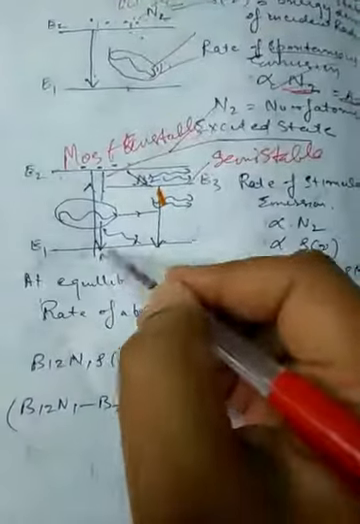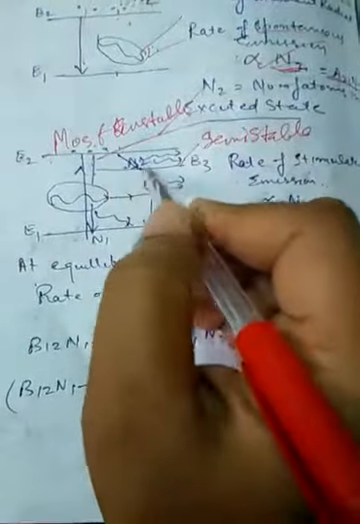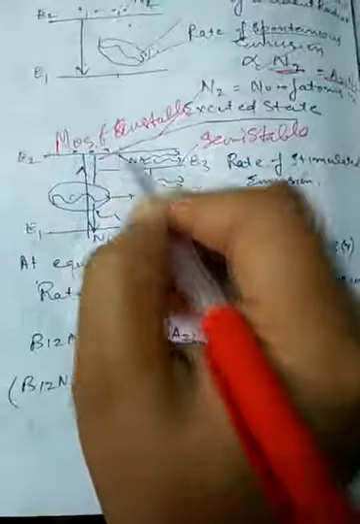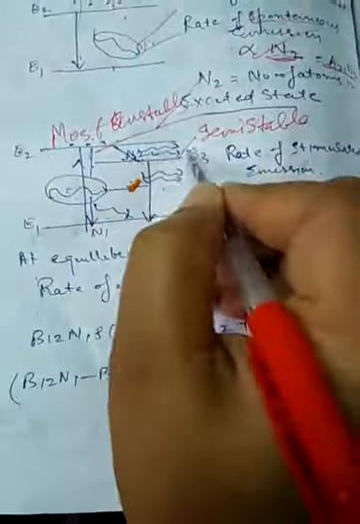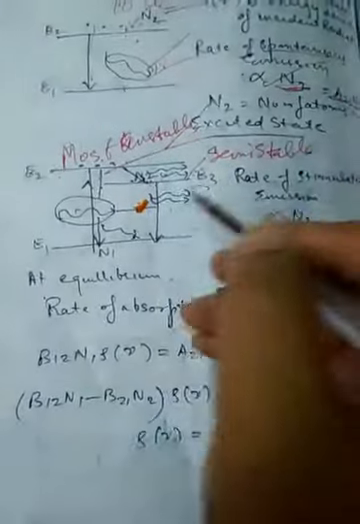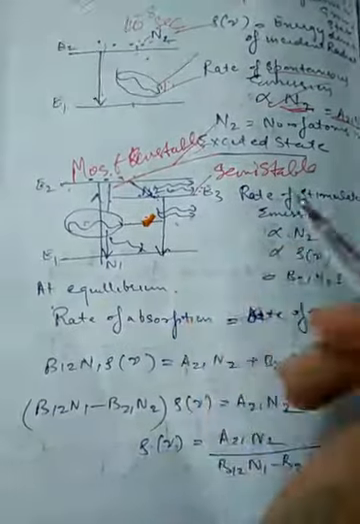When the atoms gain energy and go to the excited state, after that they come to the metastable state, and from the metastable state, by the incident photon, they are brought back to the ground state. Between the excited and the metastable state they emit a non-radiative transition, which acts like heat radiation. When the atoms jump back to the ground state, the radiation is emitted.